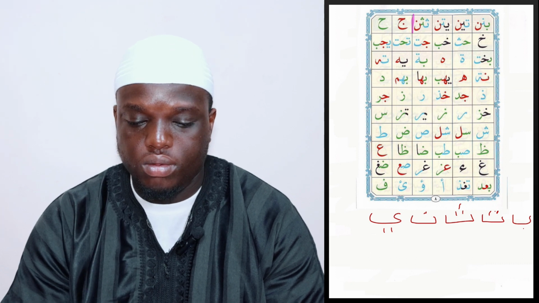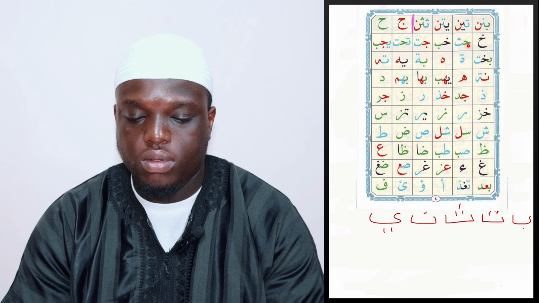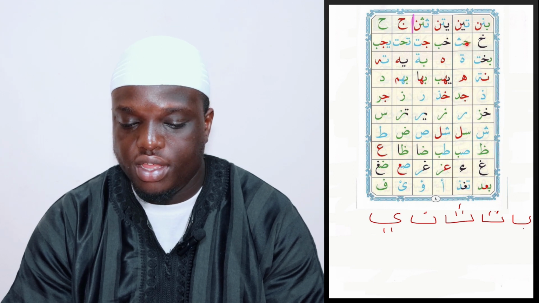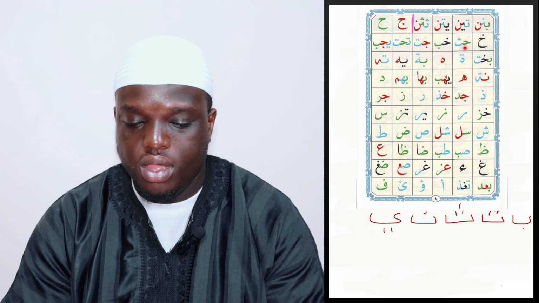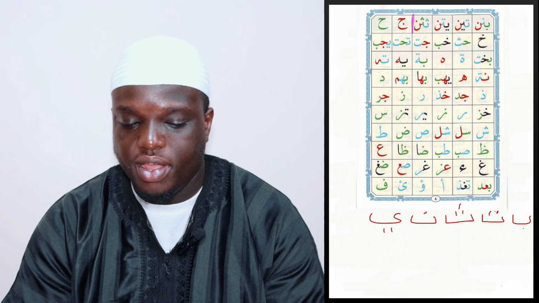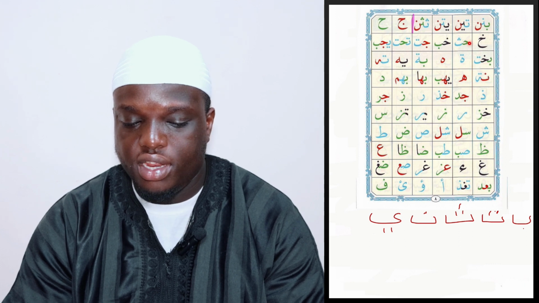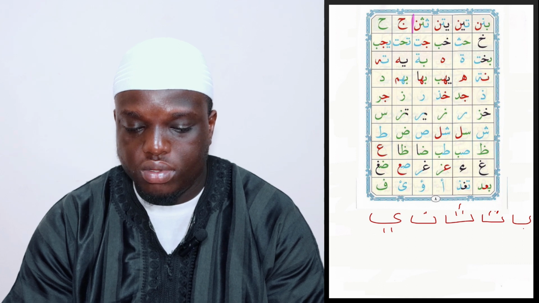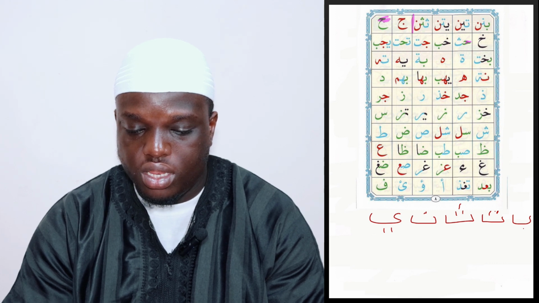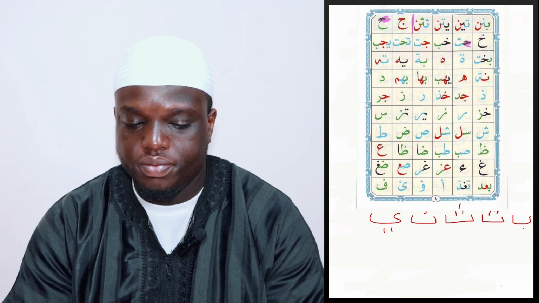The first letter here, what is it? I don't know, it looks a little different, but this is actually ha. This is how ha is written. We see the shape of ha, just the upper part.